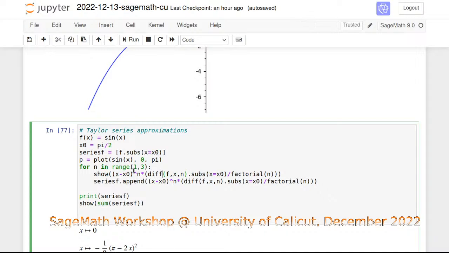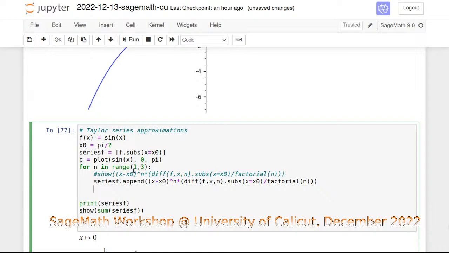So the first plot we will add. This is not required. So the first plot, how do we plot? P plus equal to this sum of series, which is the Taylor series for us.